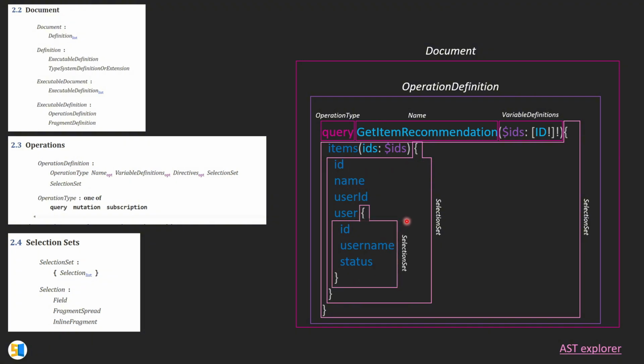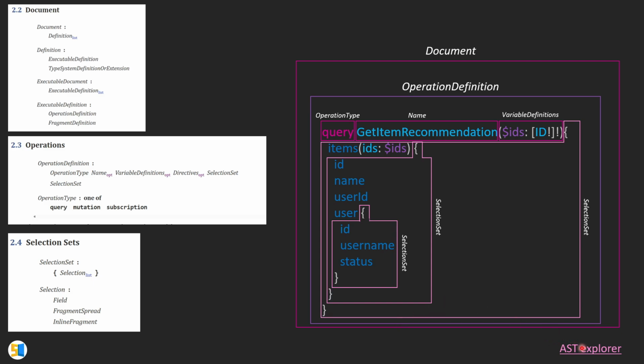And this is our third selection set, and these are the fields. So it means now we can translate these tokens into something that GraphQL understands by following the specifications. Right. Now let's take a look at the AST representation of this query.